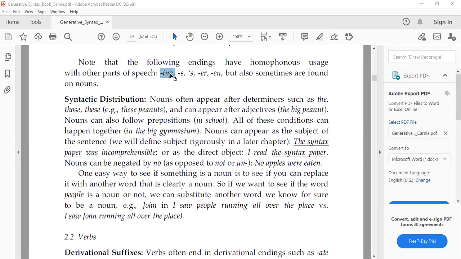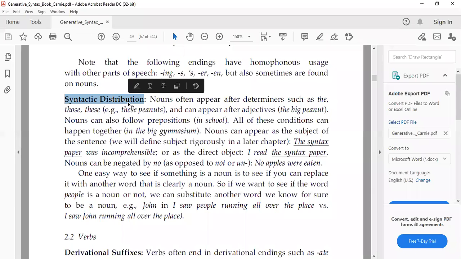What determines this, as Arij mentioned, is its syntactic distribution. It's a place or position in the sentence. If it is like reading is my favorite hobby, reading is at the beginning, so here it is in subject position, and we say this is a noun.